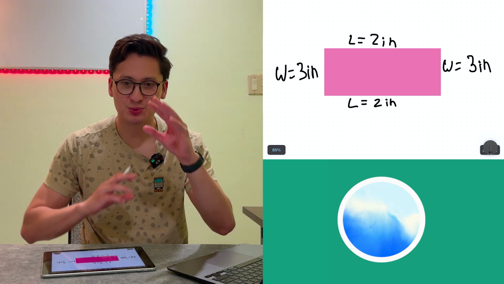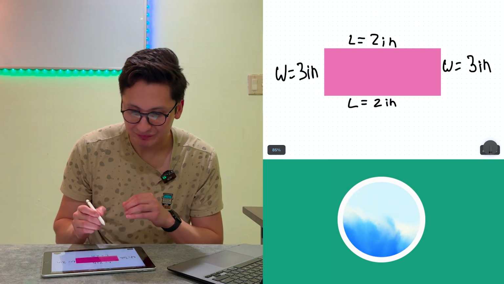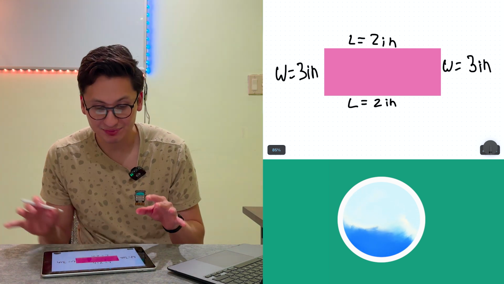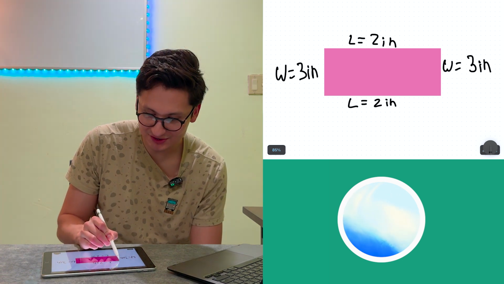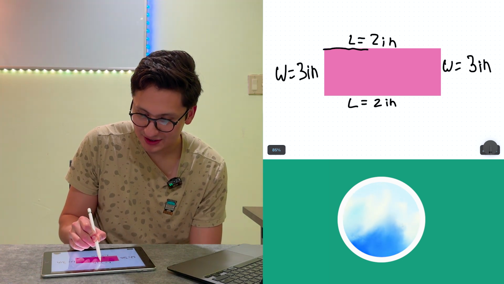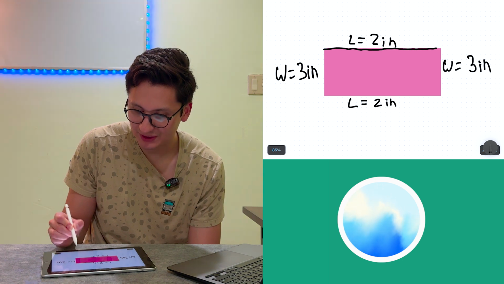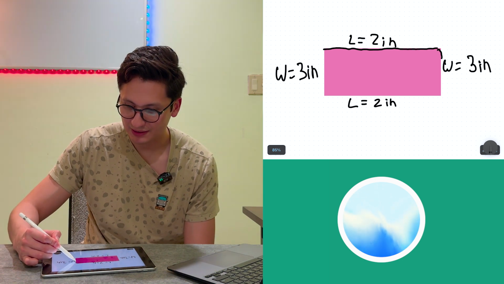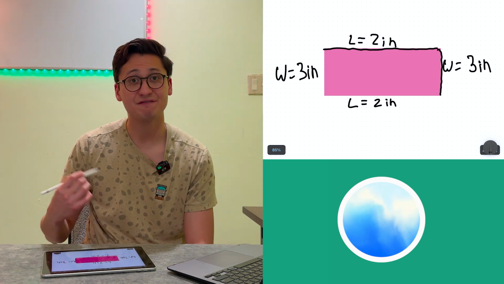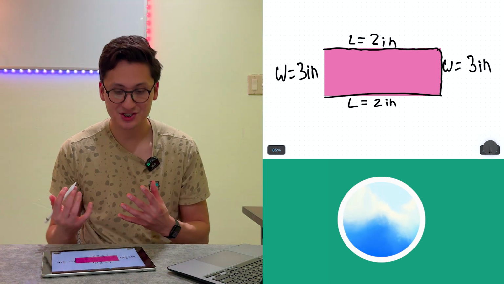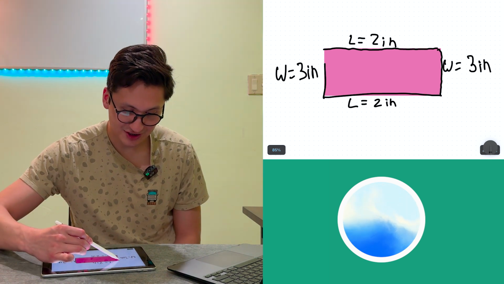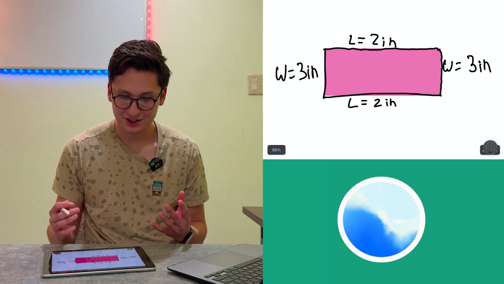So let me shrink back into a little ant and walk around this rectangle so that I could find the perimeter. So I'm going to start, I'm going to run as fast as I can. I'm going to run 2 inches plus 3 inches. So far I have 5 inches plus 2 inches, that's 7 inches, plus 3 inches, that's 10 inches.